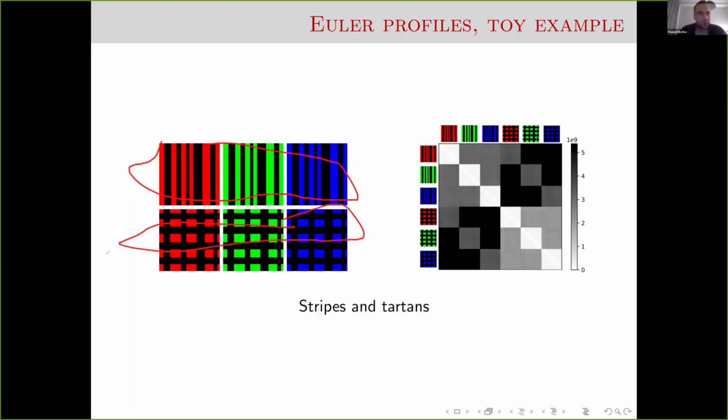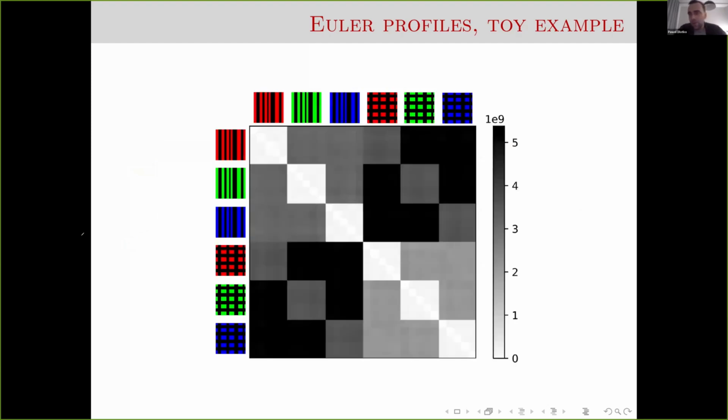So for each of them, we can create the Euler characteristic profile, which will be a function from R3 into R. And then we can compute the mutual distances between all of those, which is the distance matrix on the right. So let me zoom it up. And as you see, those stripes and tartans cluster as you expect.